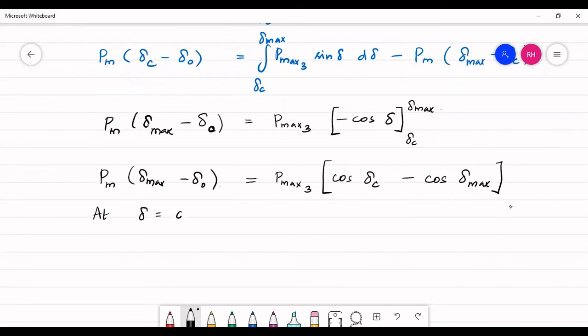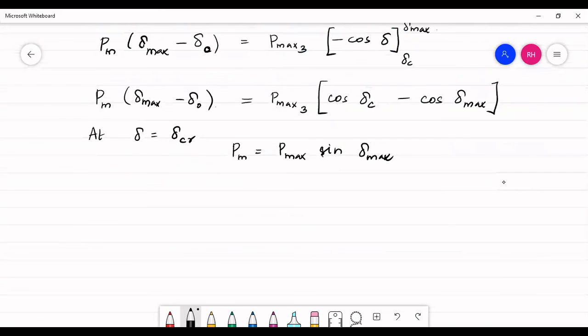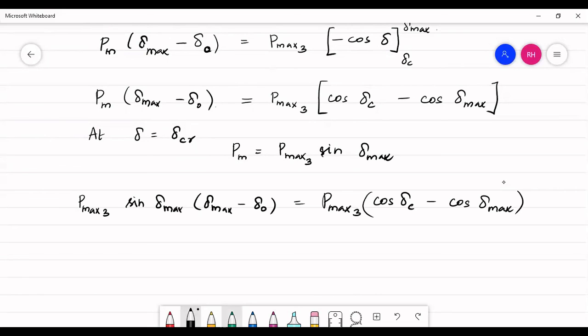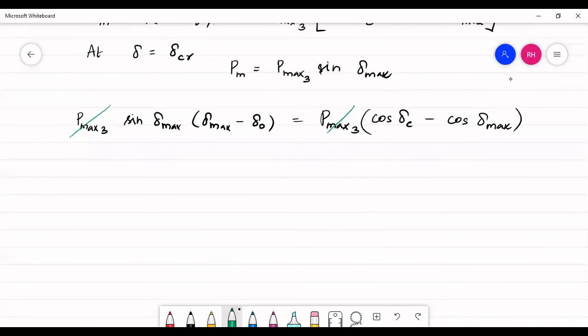At delta equal to delta max, Pm is equal to Pmax3 sine delta max, as seen in the earlier example, and substituting it in this expression, Pmax3 gets cancelled, and solving the resulting nonlinear equation, we could find the value of delta CR.